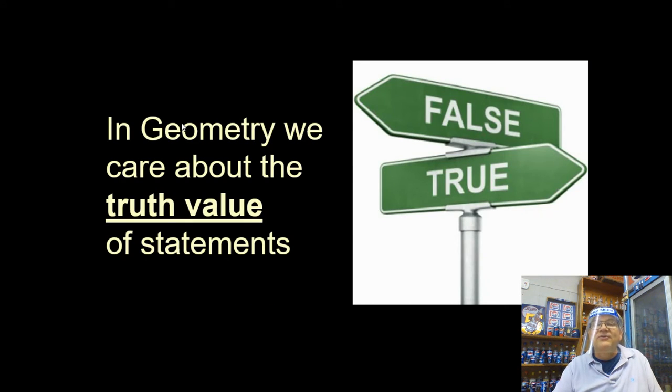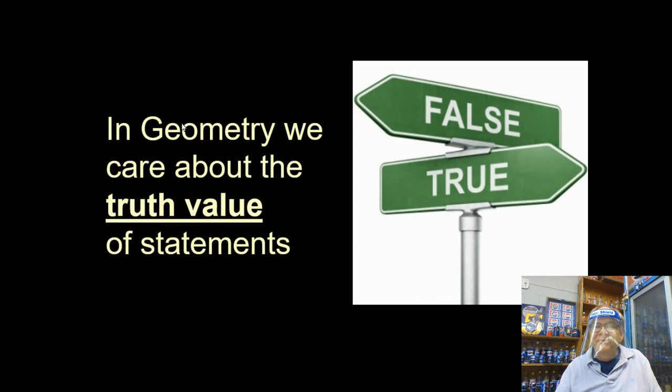And it turns out that whenever we deal with conditional statements, one thing that we care about is whether it's true or false, what we call the truth value of the statement. Because obviously what you hope is that things that you say or things that you hear are true. And you want to have some clue of how you could tell whether they are or not.